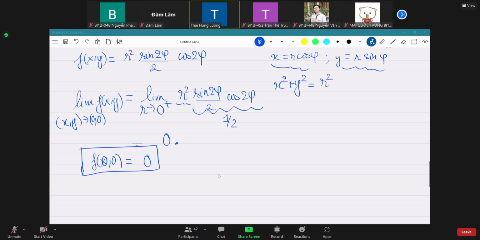A question was whether this is the Cartesian coordinate.